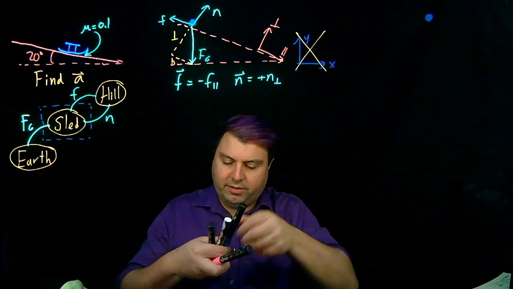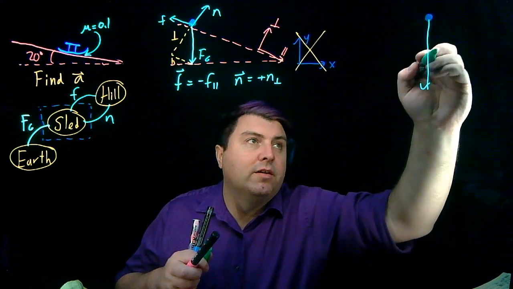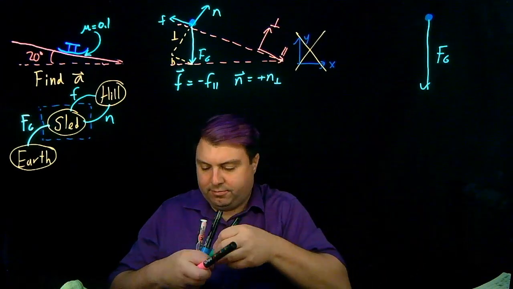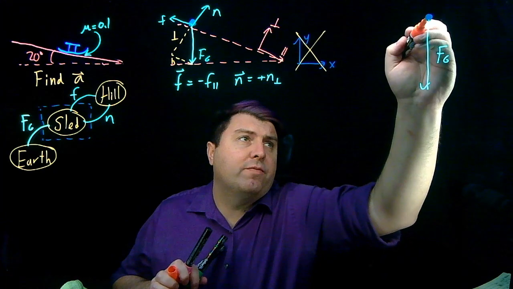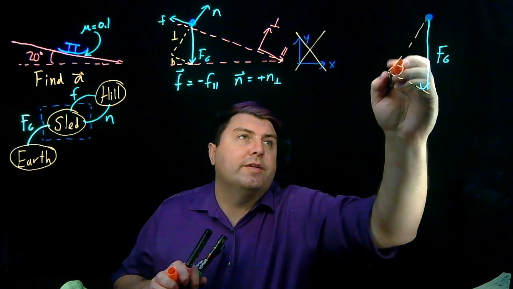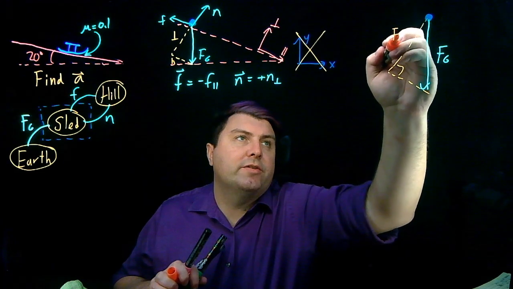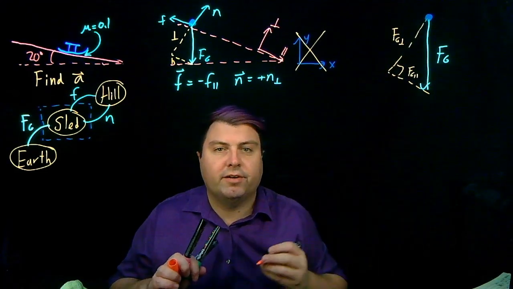So again, we have our force of gravity going straight down, and then we have our decompositions of that force of gravity with as good of a 90-degree angle as I can do. So this is Fg in the perpendicular direction, this is Fg in the parallel direction.